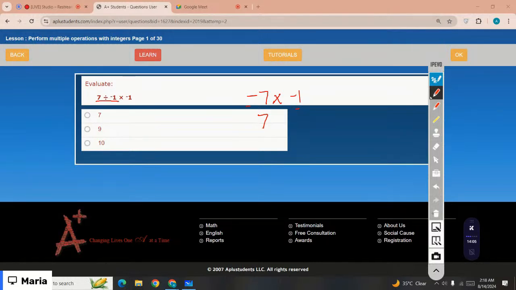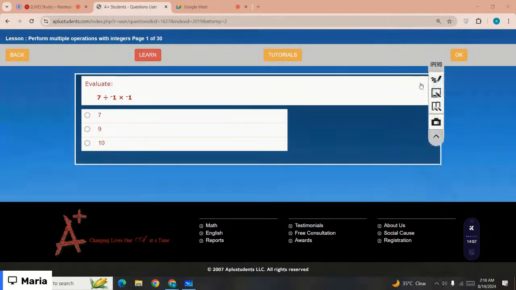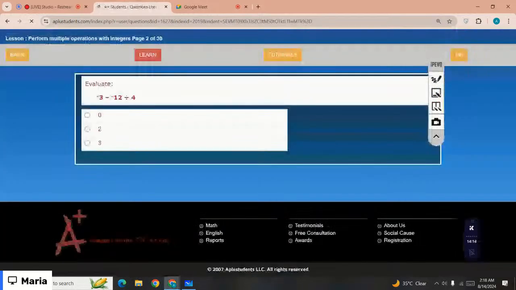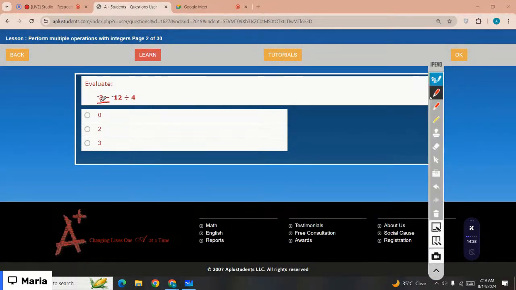The correct option is 7. Option number 1 is the correct option. Okay, evaluate. Negative 3 minus negative 12 divided by 4. So going from left to right, the first thing is you need to evaluate negative 3 minus negative 12. So subtracting a negative integer is the same as adding.